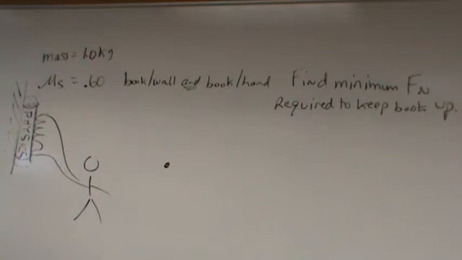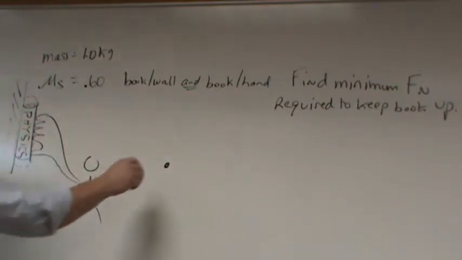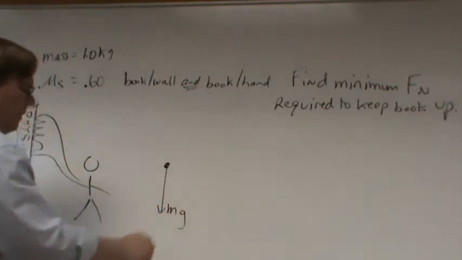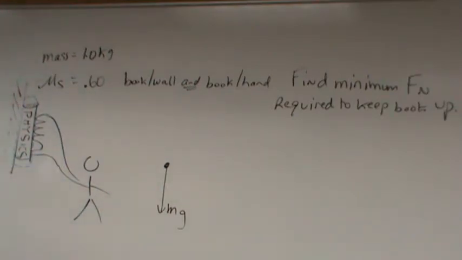Someone tell me, what's one force on this book? What's that? It's weight. Sure, it's weight. Tell me another force on this book. Good. What do we call that force? The force my hand is exerting.